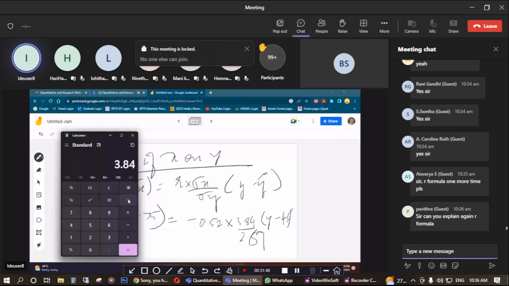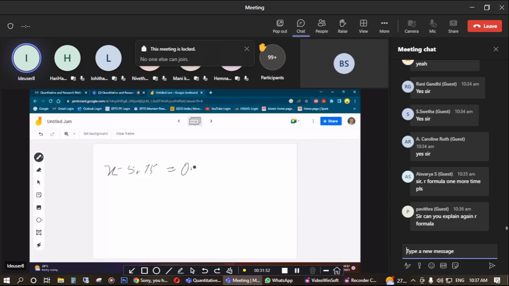How much does it come to? 0.907. So x minus 5.75 is equal to minus 0.907 into y minus 4.5. You can leave it like this, otherwise you can simplify it even more.